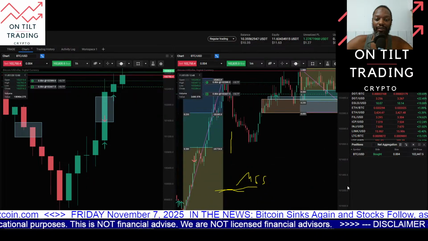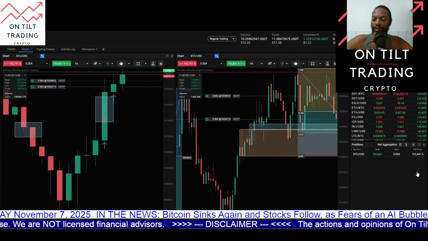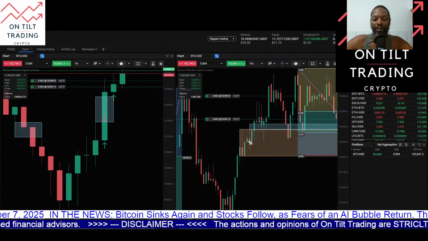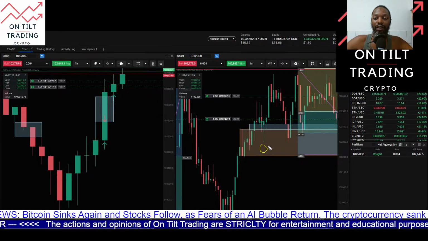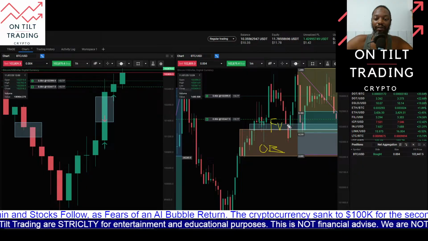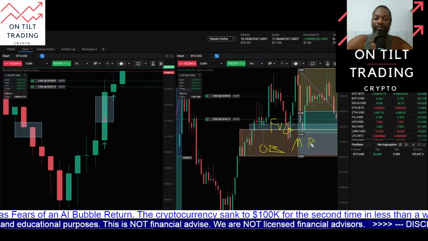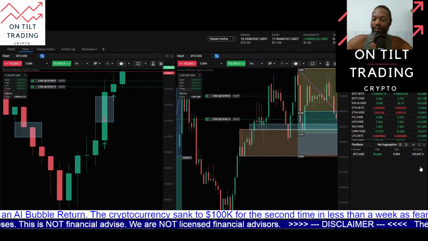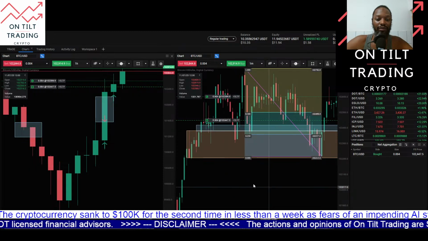Price action has just delivered to the buy side since then. In this area here, you can see I have an order block and fair value gap here, and this is actually identified as a mitigation block. So this is looking for a continuation in price.